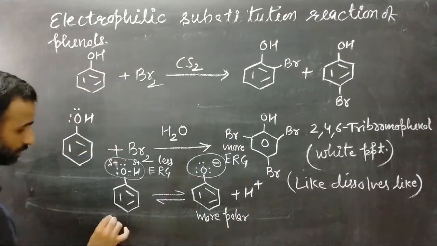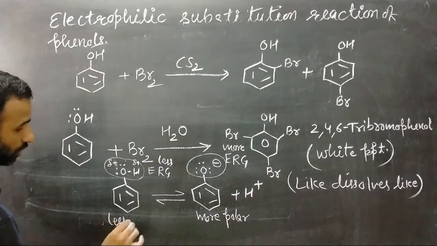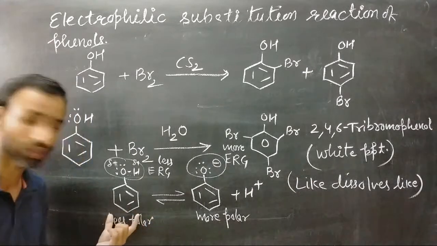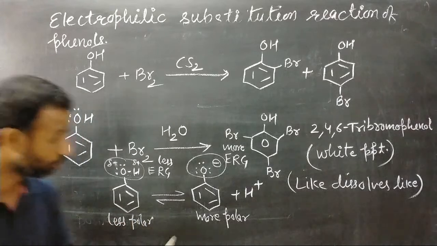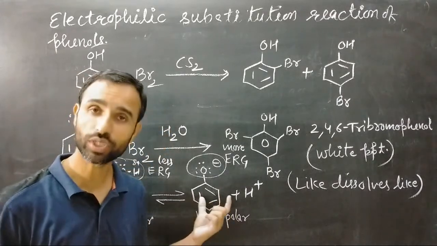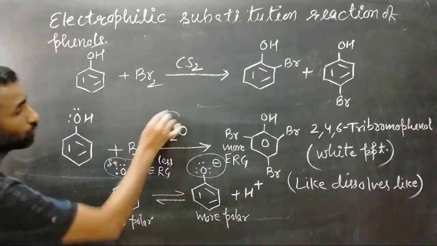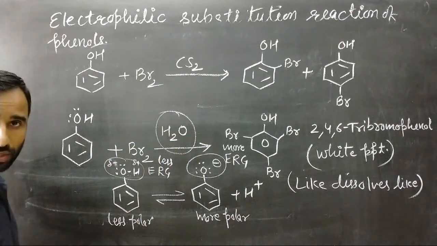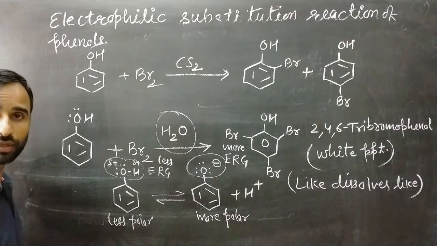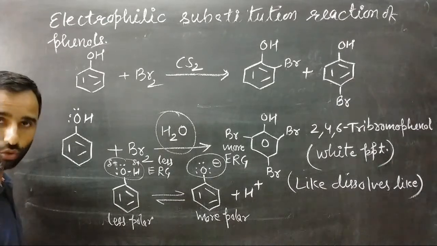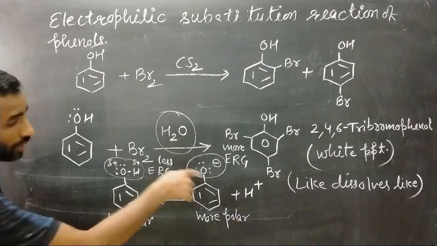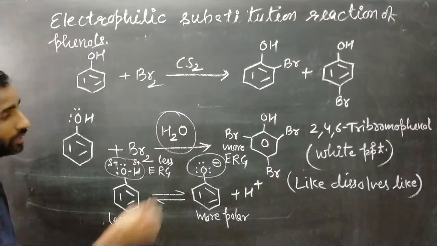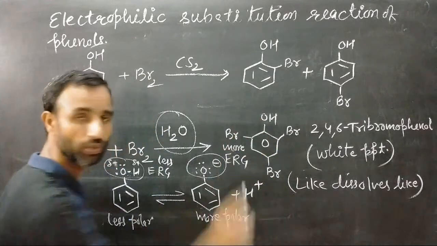This one is less polar. So less polar solvent favors phenol and more polar solvent favors phenoxide ion. So when we use water, phenol is in the form of phenoxide, which is a stronger activating group, more electron releasing, and that's why we get tribromophenol.